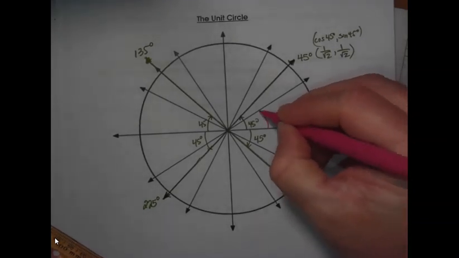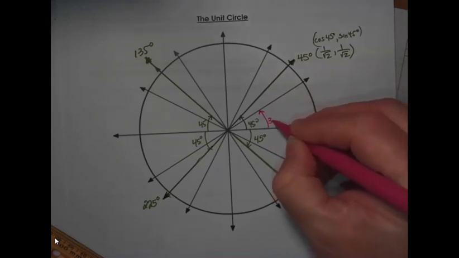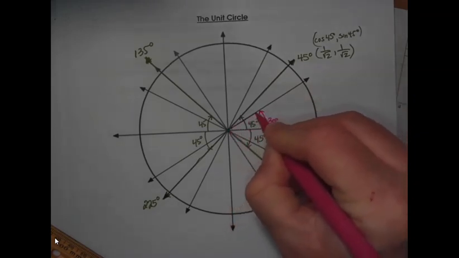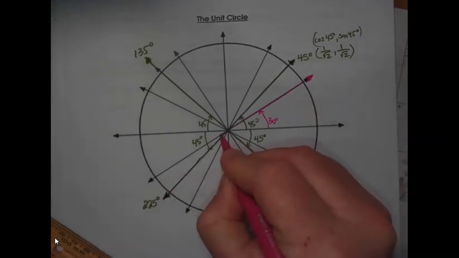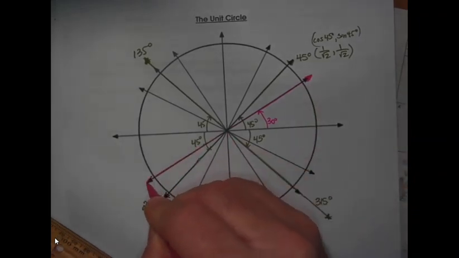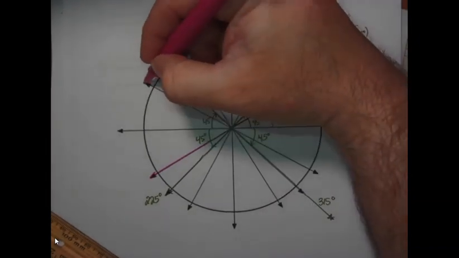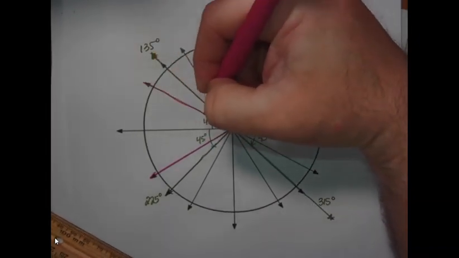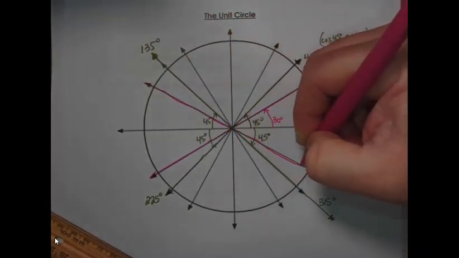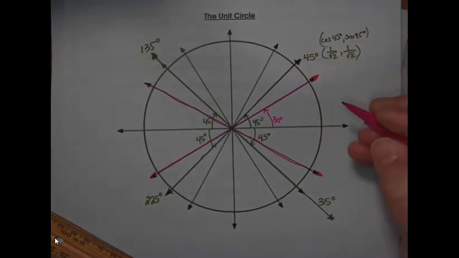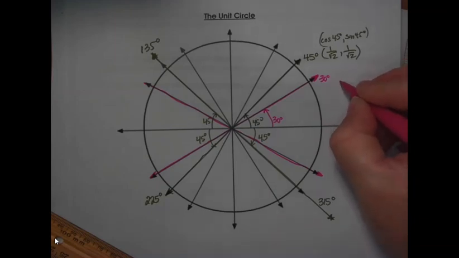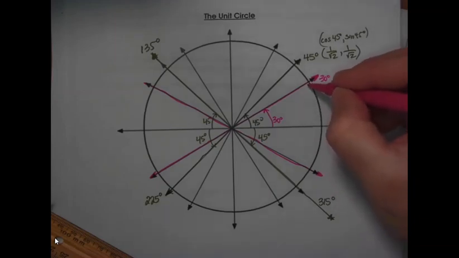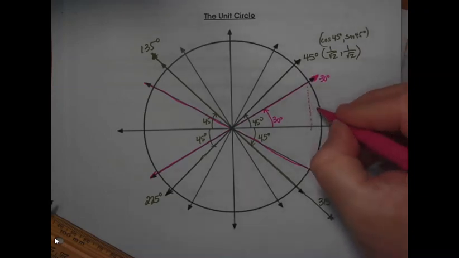The next angle we're going to talk about is our 30-degree angle. So it's this piece, and straight across there, and straight across there. If I was looking at 30 degrees, I can actually draw this down here.